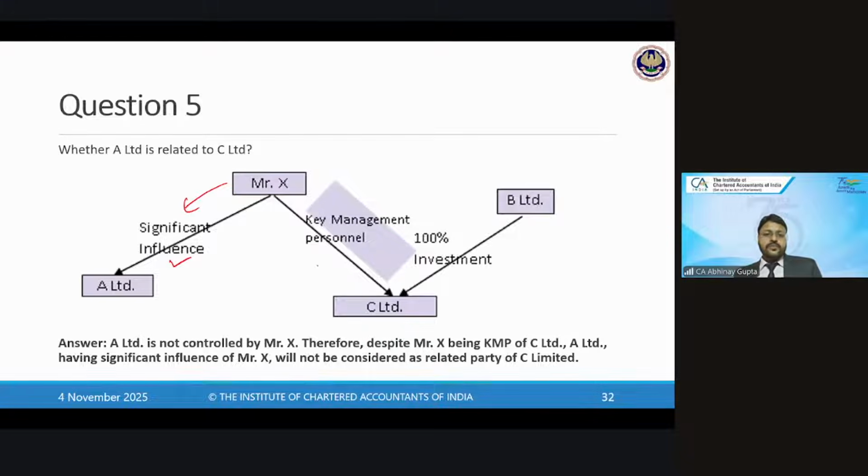Either the significant influence or the KMP relation is there, right? So merely because of significant influence, Mr. X cannot direct A Limited to undertake any transactions with C Limited and vice versa. Because it cannot direct now, right? So there is no relationship between A and C. Correct?